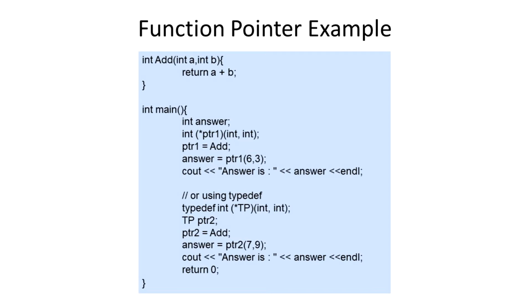And now if we come down to main, in the second line is where we create our pointer to this function. So we start with a type of int, which refers to the return type for the add function. So notice there that those correspond. And then we have our function pointer name declared within a pair of brackets with the asterisk, and it's called PTR1.